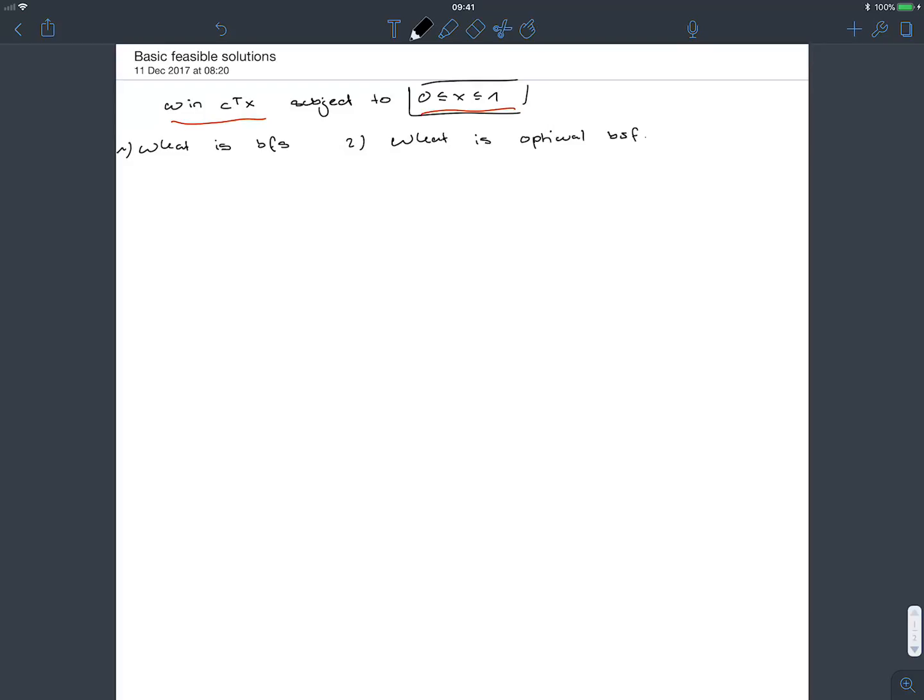We can rewrite this as x1 smaller than 1 and x1 greater than 0. And we can do that to xn: xn smaller than 1 and xn greater than 0.